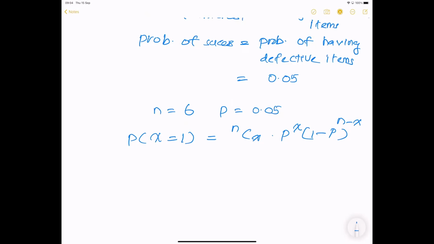So here the number of trials is 6 and we have the probability of success, therefore you can simply substitute values into the equation and simplify. The probability is 0.232.